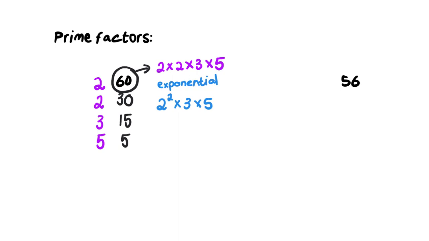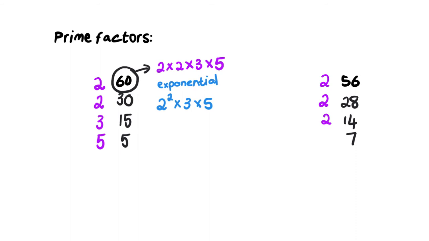Let's now do the same with 56. Starting with my smallest prime number of 2, we can say that 2 goes into 56 28 times. 2 also goes into 28 14 times. And 2 goes into 14 7 times.